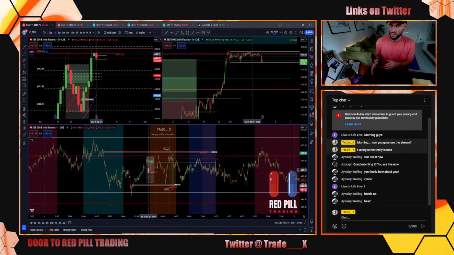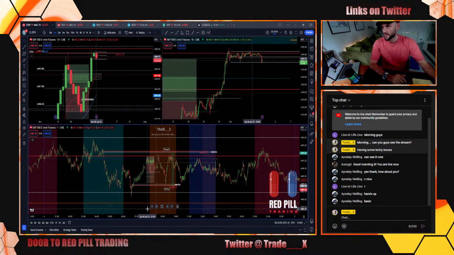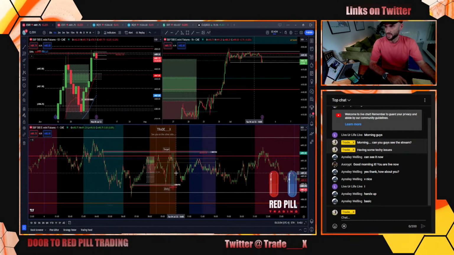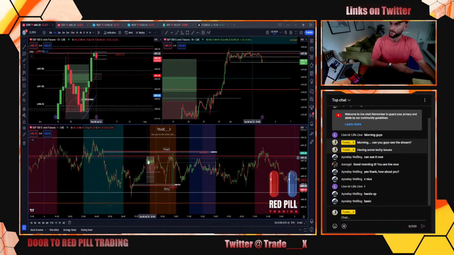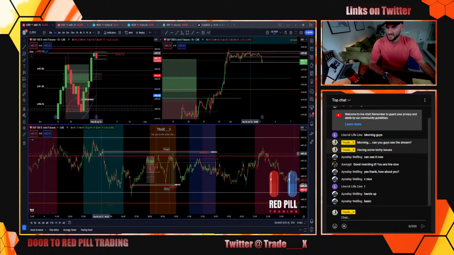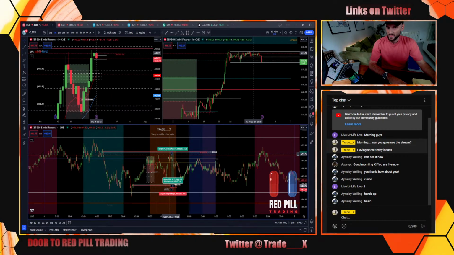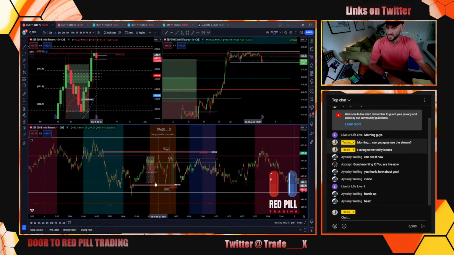What we know is that price is going to fill those inefficiencies. It's going to engineer liquidity and then tag that liquidity in the form of a turtle soup. A classic hallmark is that when inefficiencies are left open, price will run into those inefficiencies or order blocks, and then it will revert to the opposing side.